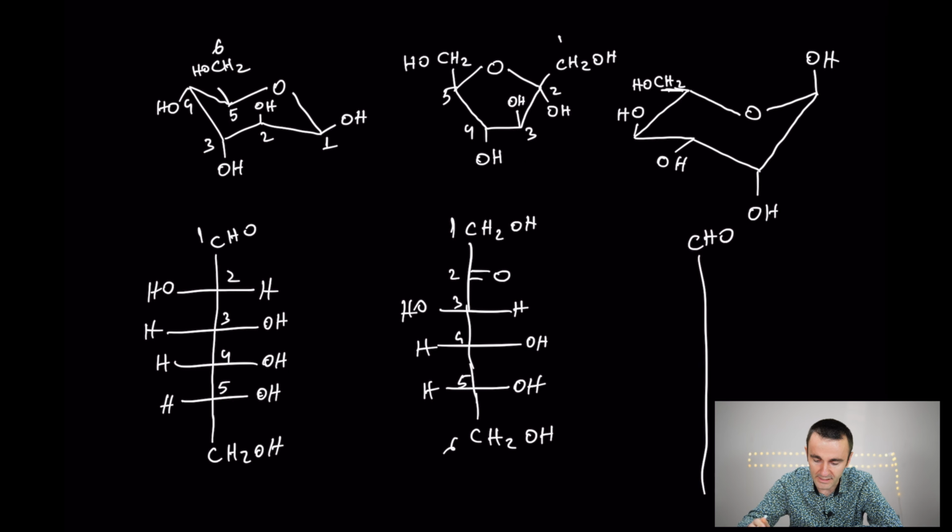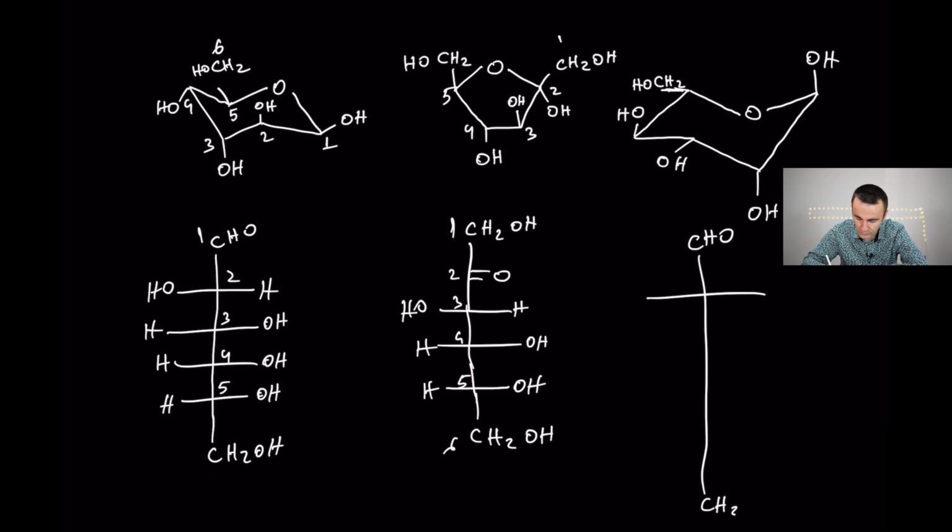We understood that it is an aldoketose. So at the end here is going to be CH2OH. So 1, 2, 3, 4, 5, right? Now, for the first one here, this is the one that is the anomeric hydroxy group.